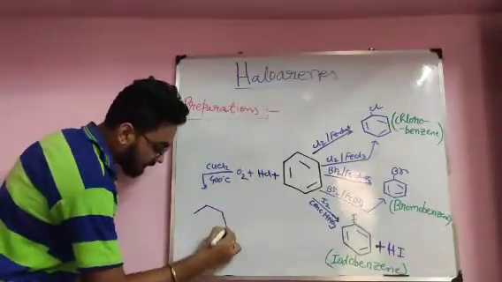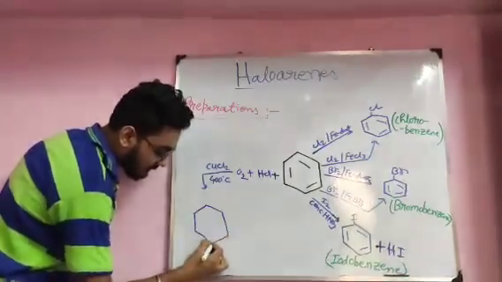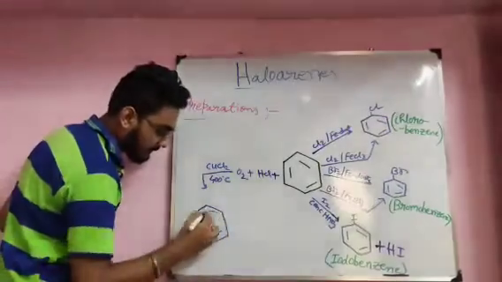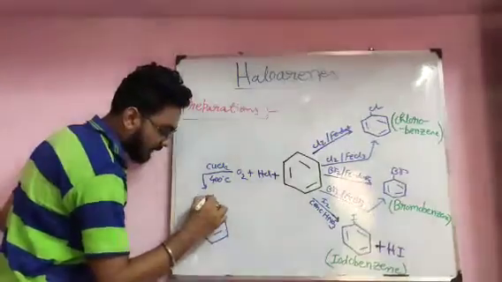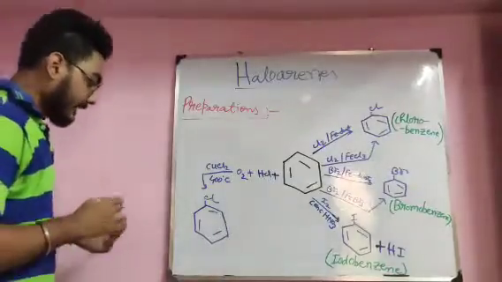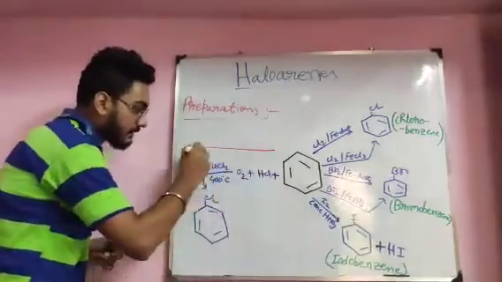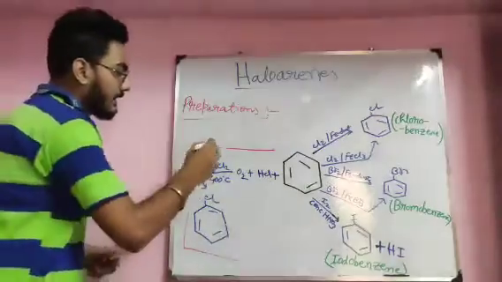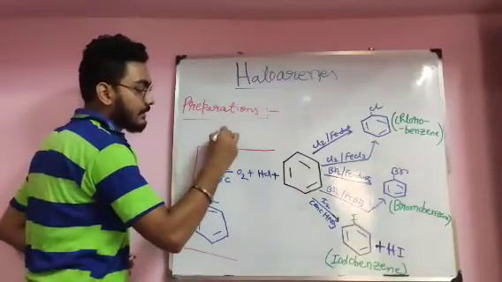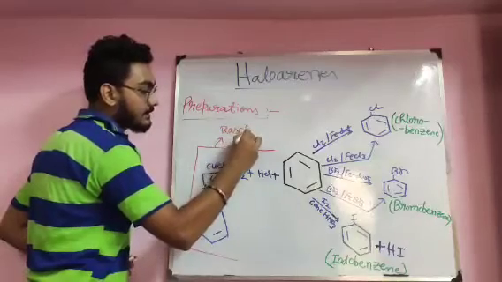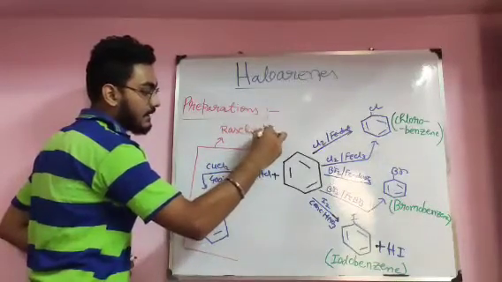So the formation will be chlorobenzene. Only this process is known as the Raschig process.